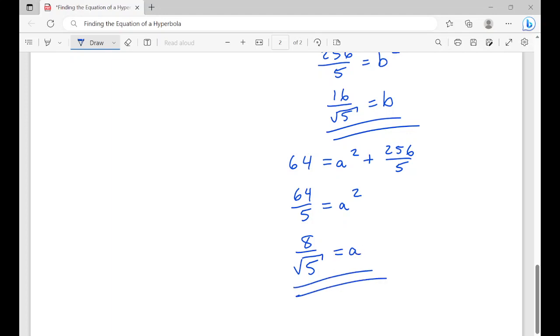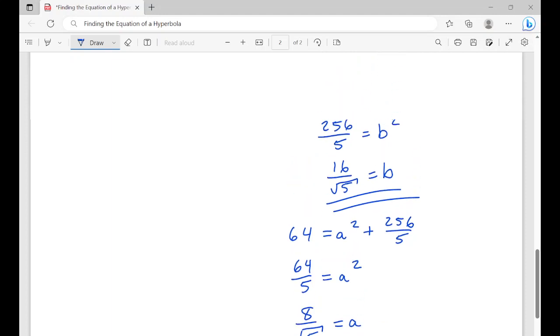So now blissfully I have a and b, so I can plug it into my general form for the hyperbola and get my final answer. So a being 8 over root 5 and b being 16 over root 5.